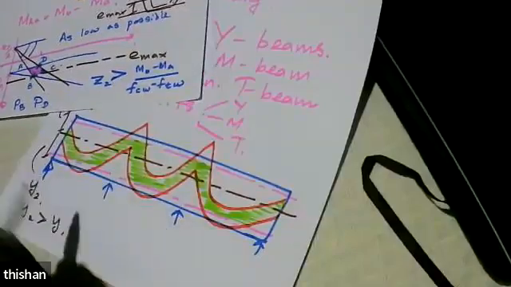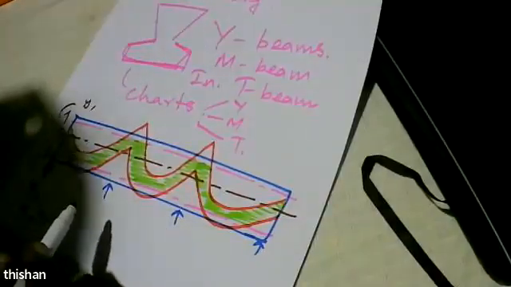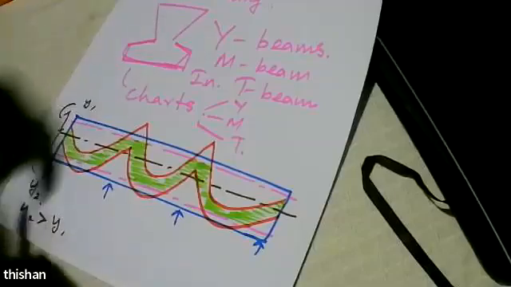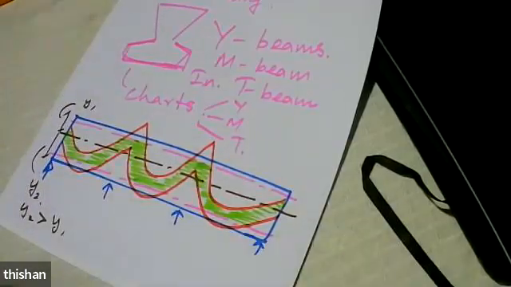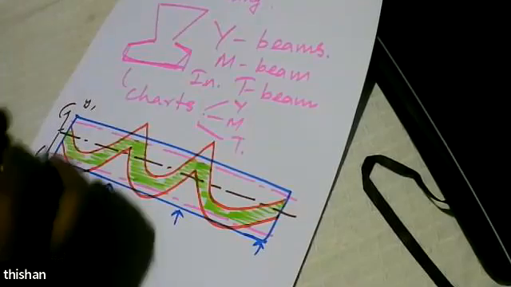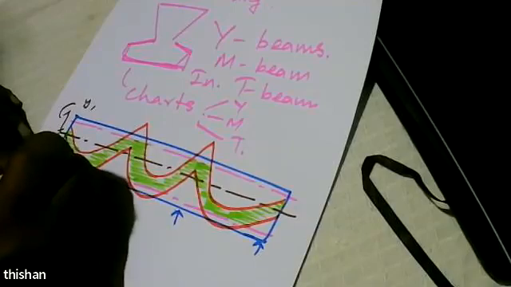Is that clear? Because we cannot go beyond the physical boundaries. We can't place the cable outside the section. Now what are we going to do? No problem. Fix a cable.